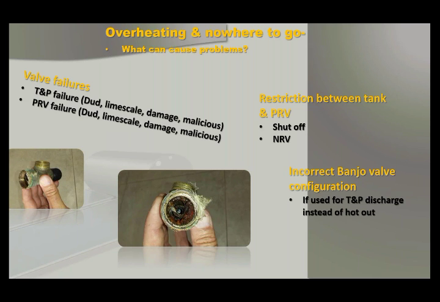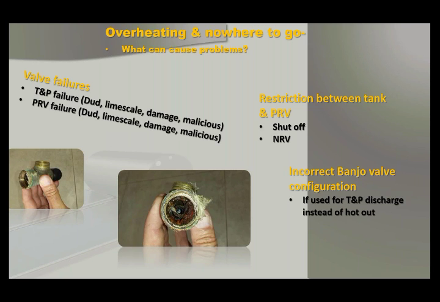Same with PRV. I've seen geysers with the PRV outlet plugged with a Connex cap and the TP valve plugged with a cap because it was dripping, and I don't like dripping, so I'll just plug it. Just thinking back on that.